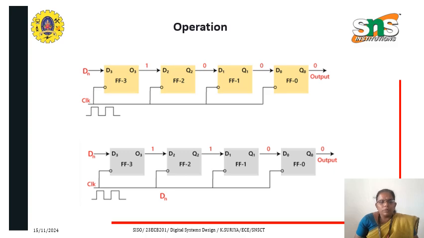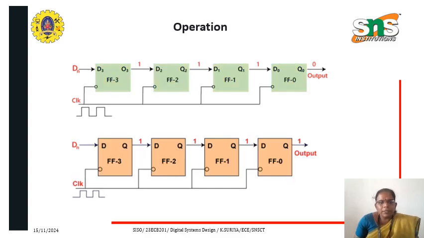Now the stored word will be 1000. The next bit of the binary number, that is 1, is passed to the data input D2. The second flip-flop, flip-flop 2, is set and the word is stored when the next negative edge of the clock hits. The stored word is changed to 1100.